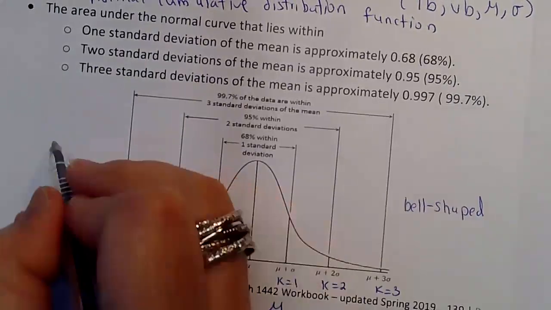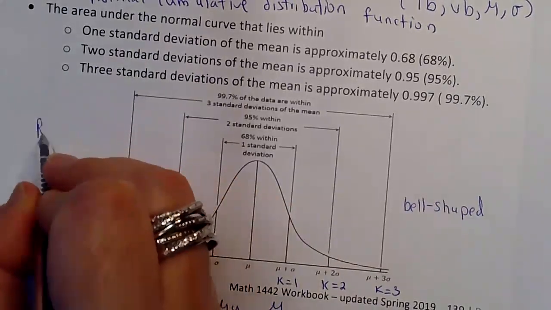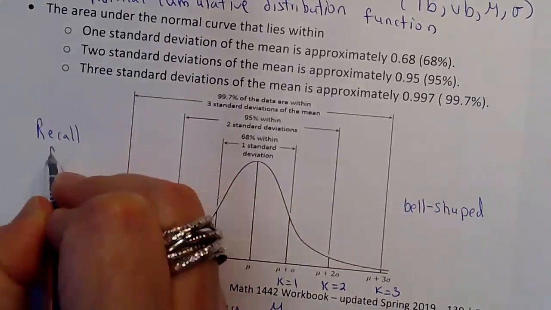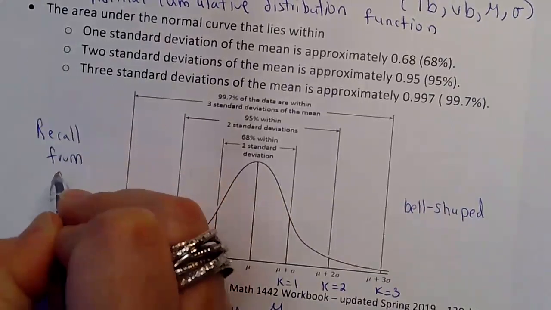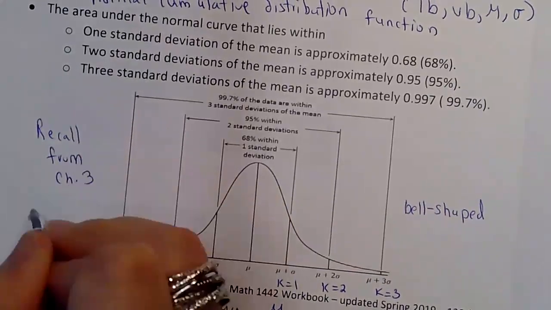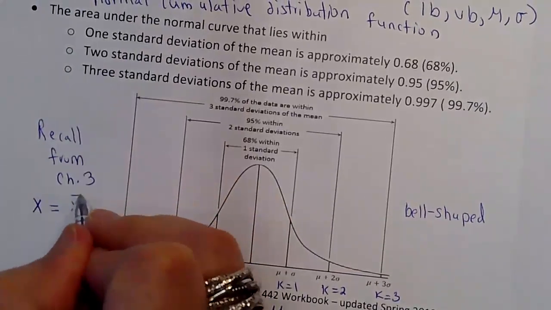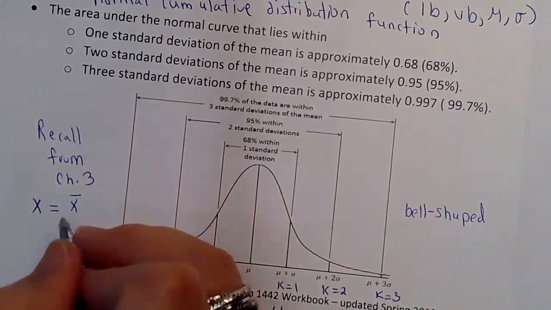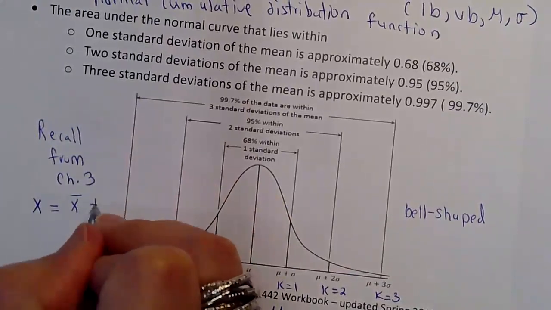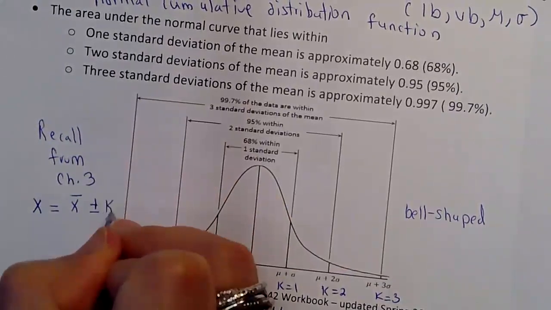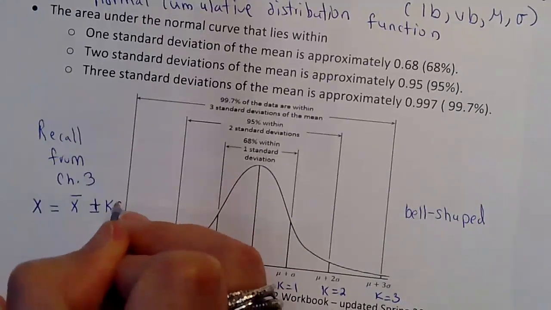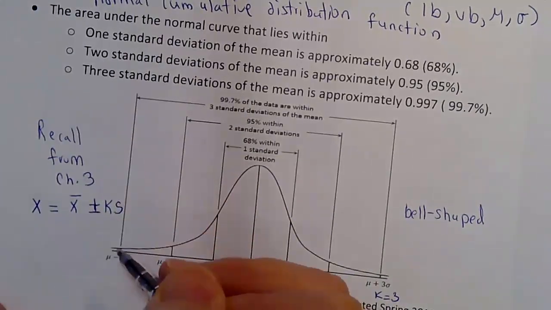I'm just going to put here, recall from chapter 3, how we made use of x equals, so x was like our data value, equals the mean plus or minus k times s for standard deviation.